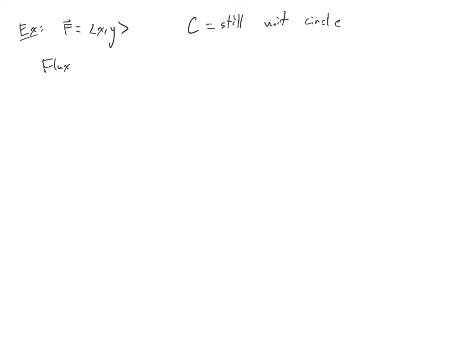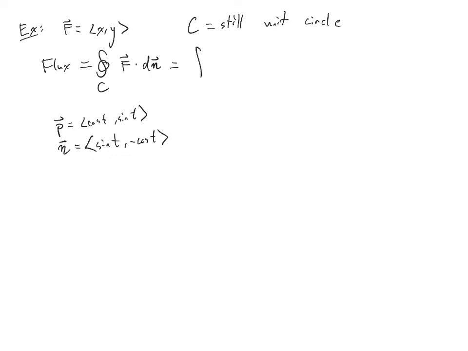So the flux is going to be the integral over C of f dot dn. If I want to do that through parameterization, remember P was cosine t, sine t. So N is sine t, minus cosine t.